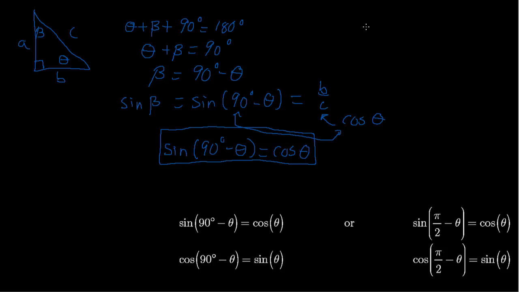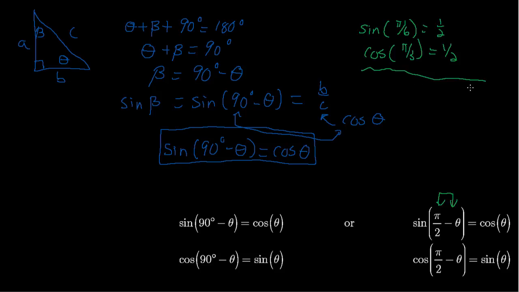You've already seen this before because we know that the sine of, let's say, pi over 6, which is the y-coordinate, 1/2, is the same thing as the cosine, or the x-coordinate, of pi over 3. Pi over 6 and pi over 3 are connected by these two statements here. If I took pi over 2 and subtracted pi over 6, I'd get pi over 3. You could do a bunch of similar examples using degrees.